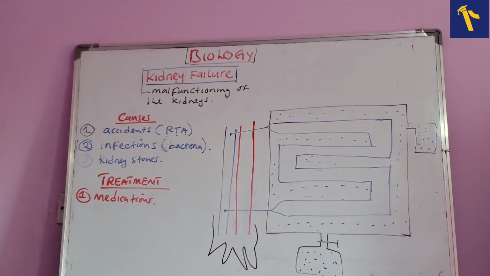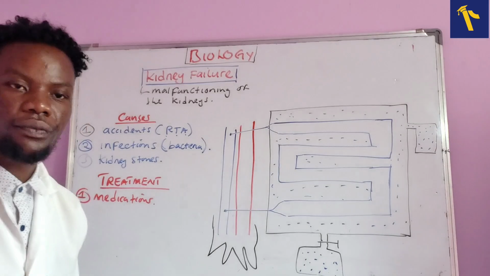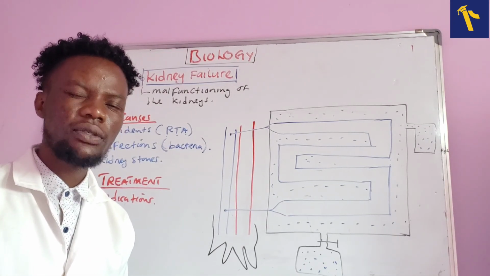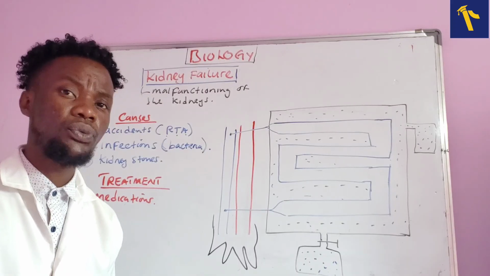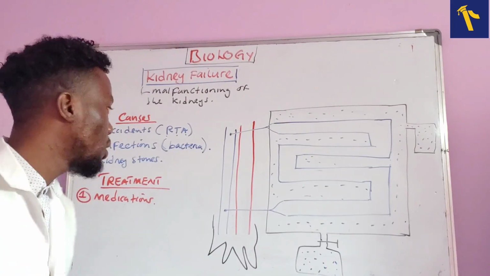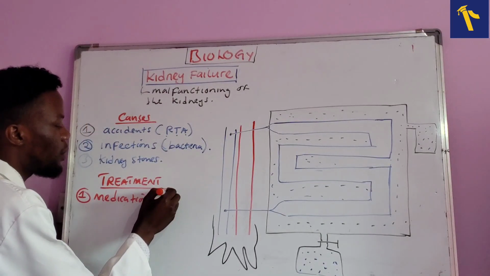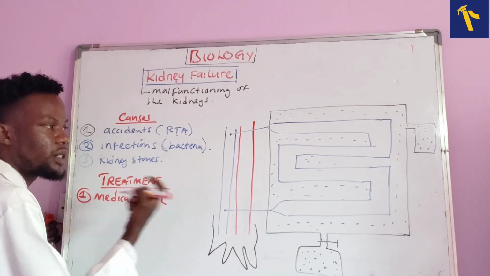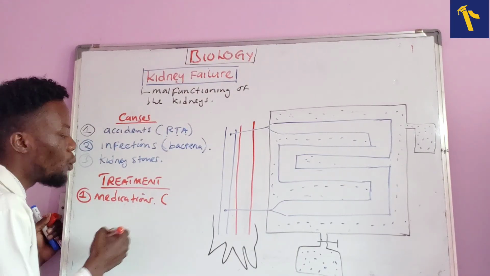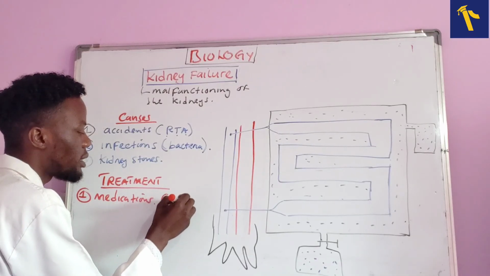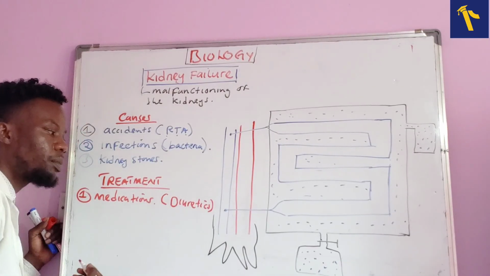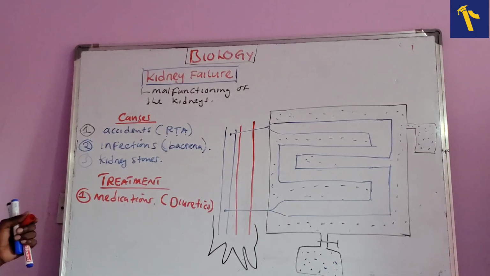We can give medications to treat kidney failure, and a good example of medications that work on the kidneys is diuretics. If you want to remember one, for the medication that we give to someone having kidney failure, we can have diuretics. These drugs help in kidney failure.